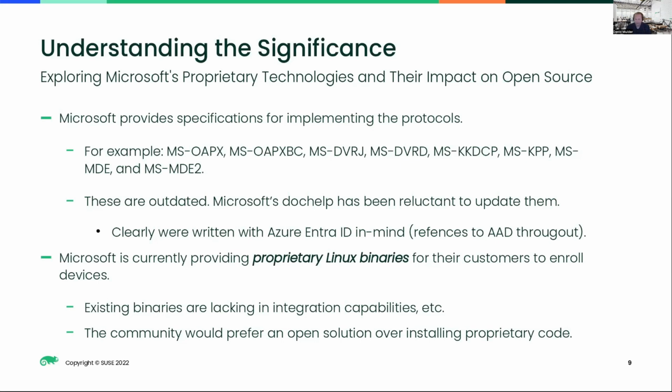In fact, there are explicit references to AAD throughout a number of the documents. So it's clear that they wrote these intending to provide documentation for Azure AD behavior, and at some point they abandoned that project and have stopped documenting things. I'm not sure the reason or purpose behind that.